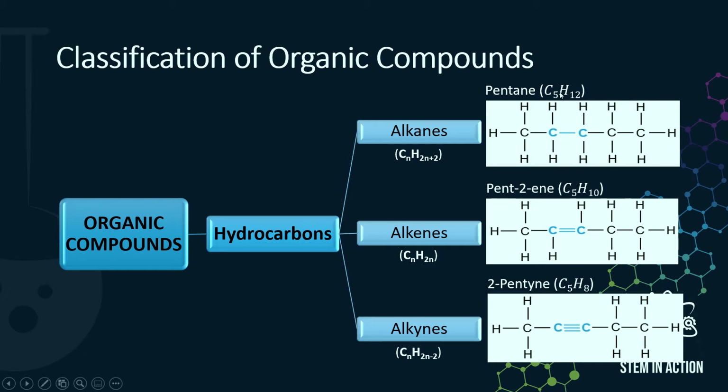So we are moving from compounds that have only single bonds to ones where there is a double bond, and then one where there is a triple bond. So this is saturated, this is unsaturated, this is even more unsaturated. As we are moving down, we are increasing in unsaturation, or moving up, we'll be increasing in saturation.